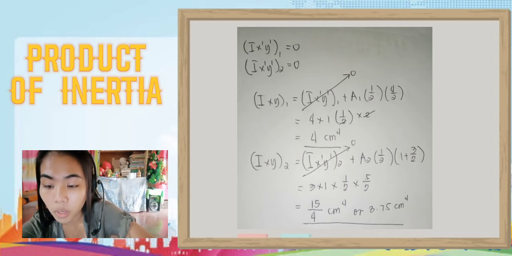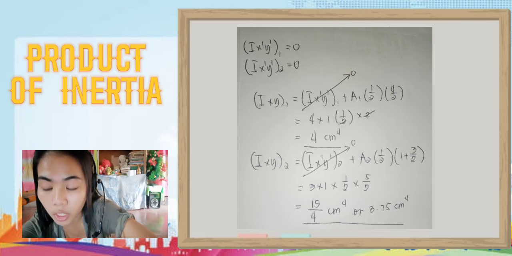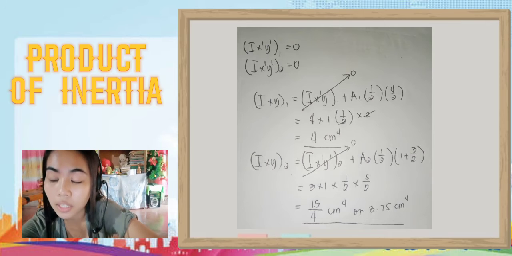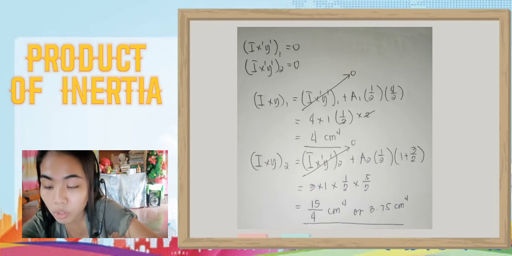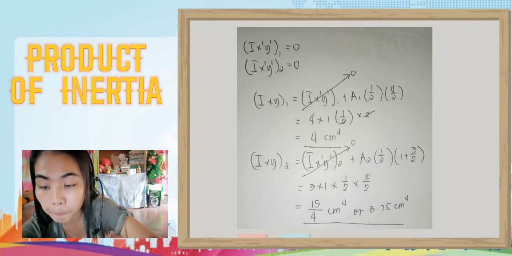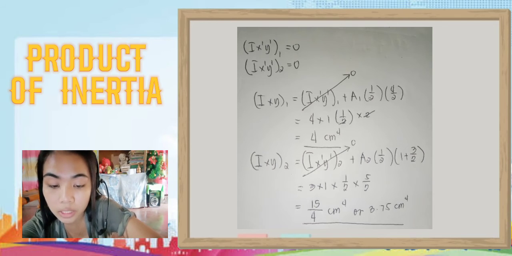Ang area 1 natin is 4 times, kasi hatiin din natin siya into 2 composite parts. Dalawang rectangle siya. So, 4 times 1, magiging 4 times 1/2 times 2. Kasi dalawa yung, makikita mo yun dito sa ating designated values.